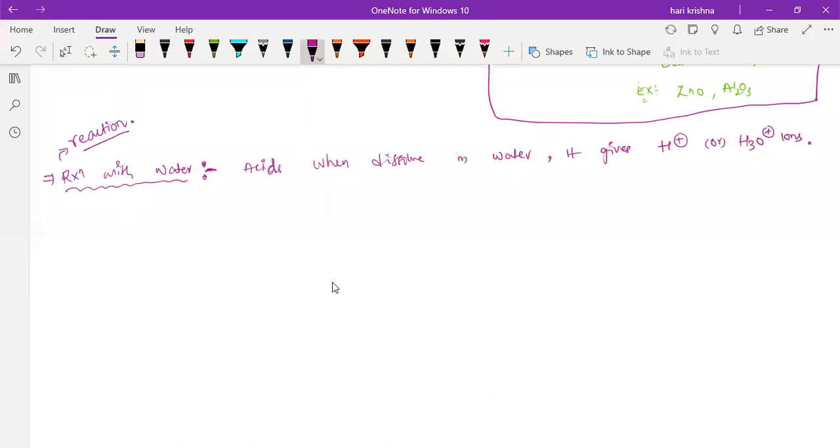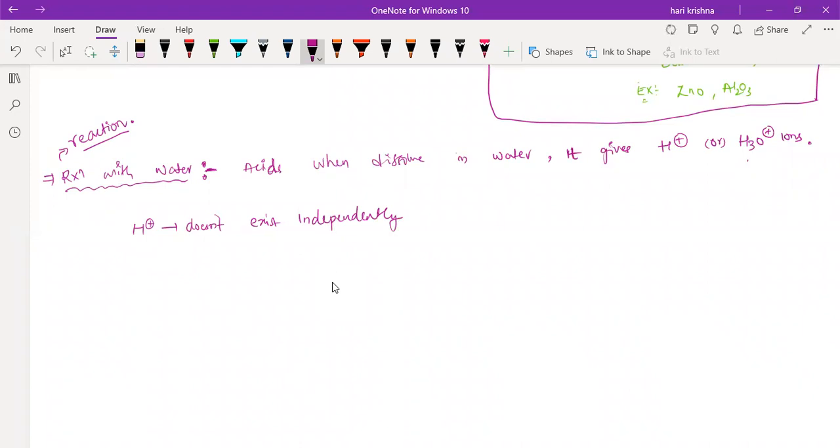Okay. So acid when dissolved in the water, it gives H plus or the H3O plus. Generally, H plus ions do not exist independently.